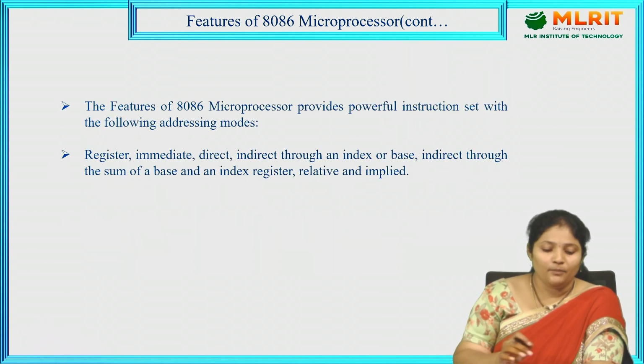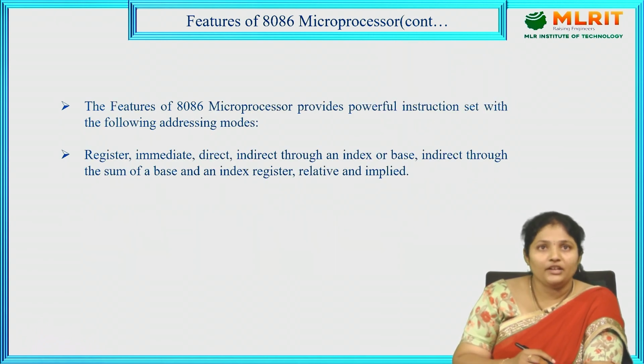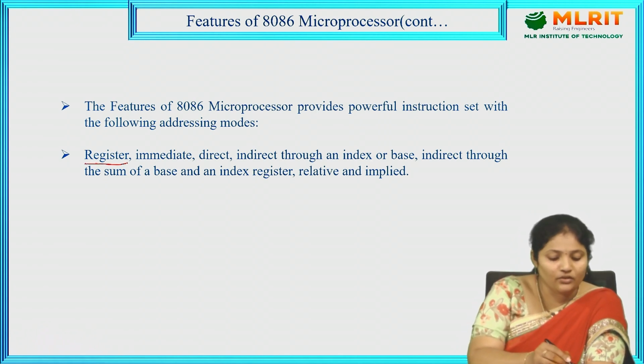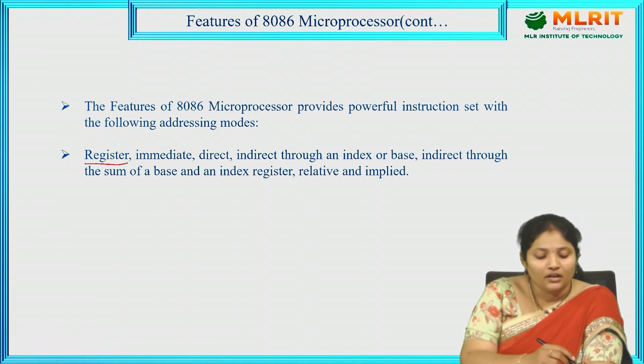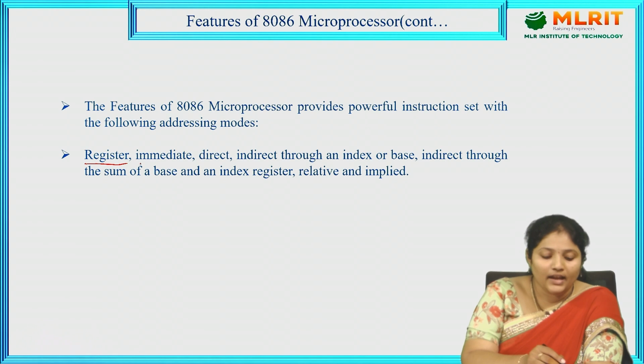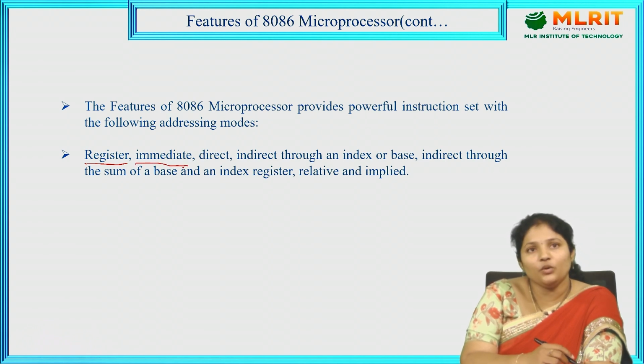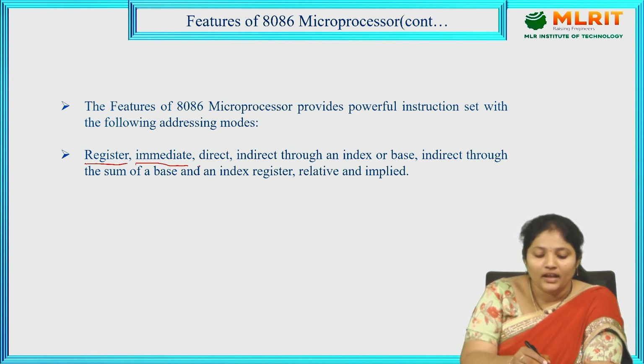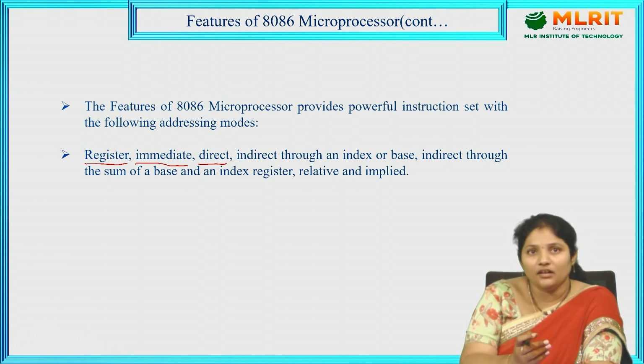So the next important one is that the 8086 microprocessor has a powerful instruction set, supported by different addressing modes. It has register addressing mode, where the operands can be stored in 2 registers, and immediate addressing mode, where one of the operands is always raw data. In direct addressing, we give the direct address of the memory location.